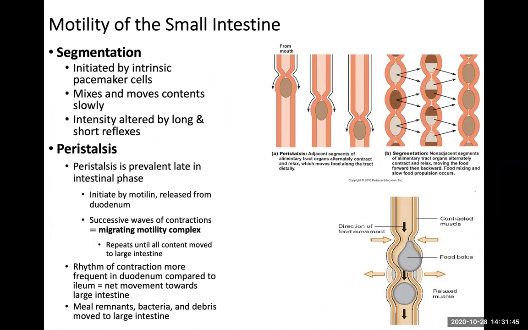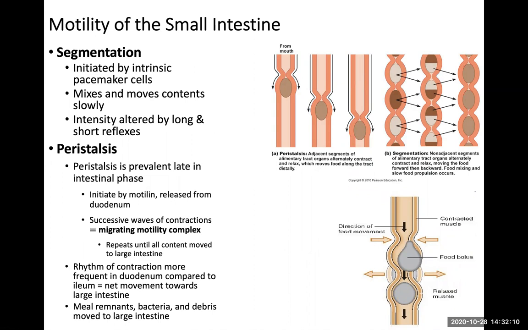Peristalsis occurs during the intestinal phase, when we were talking about the cephalic, gastric, and intestinal phase. Peristalsis itself is, again, that inchworm wave-like movement that is unidirectional. There's something called motilin, which is a chemical released by the duodenum that helps to stimulate peristalsis within the duodenum.